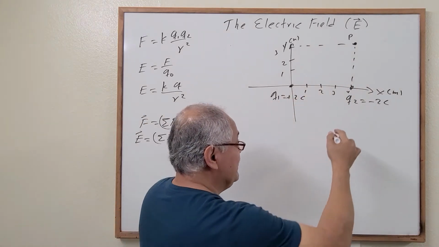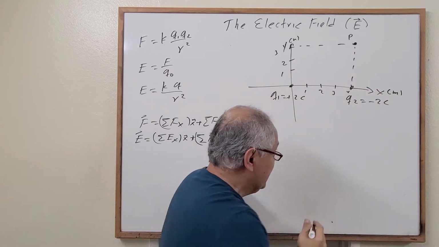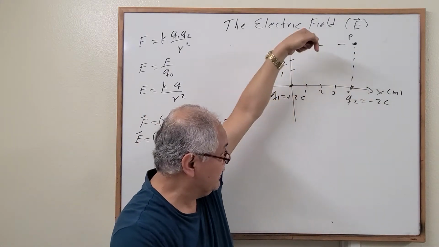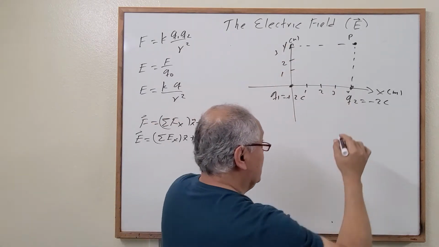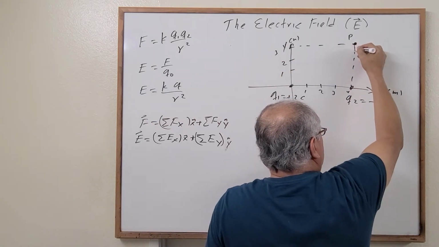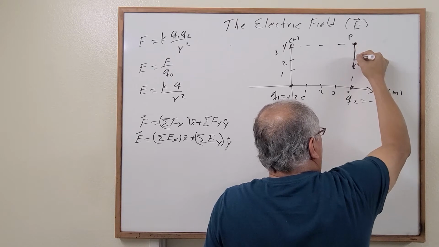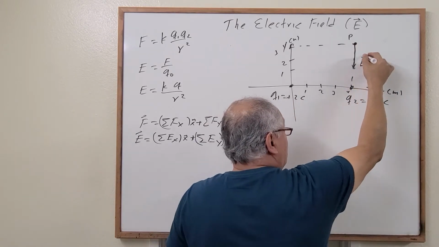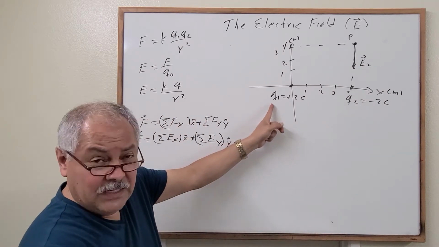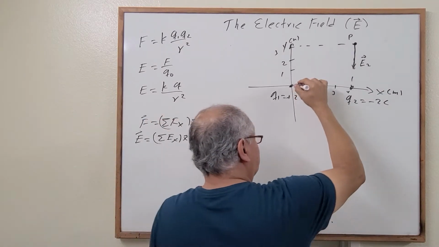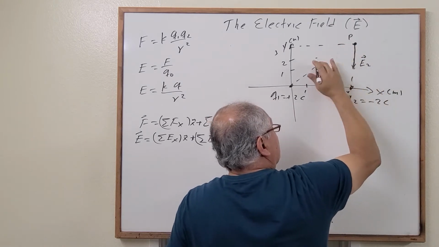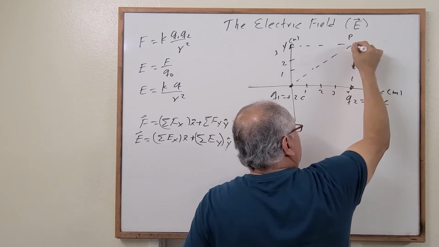Okay, what happens with the electric field produced by this charge? Well, because it's negative, it's going toward the charge. So we have an electric field right toward the charge. Imagine this is the electric field produced by charge 2. What about the electric field produced by this charge? Well, it's going to be in this direction.